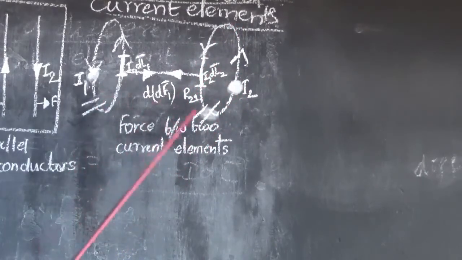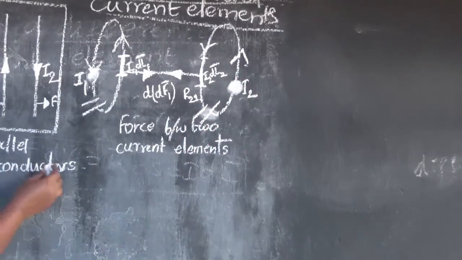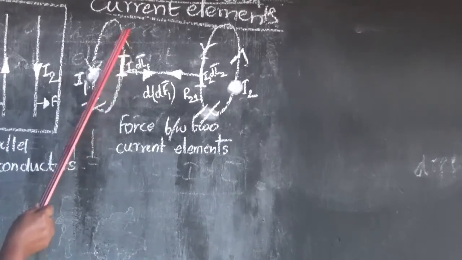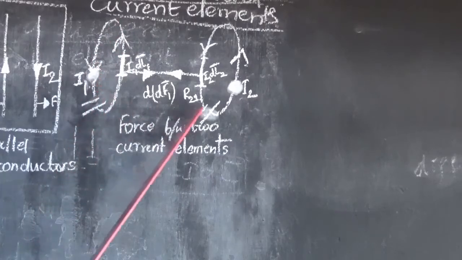Actually the current carrying conductors will be straight, but we know that only a loop can conduct the current, so we have seen it in the form of a loop here.